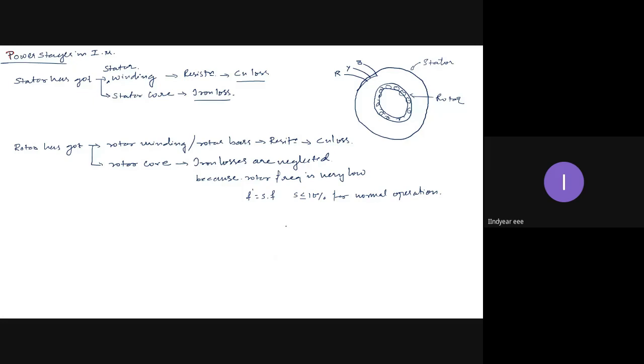Okay. So what are the different losses present here? Till now, when the stator receives the supply, stator supply will satisfy the stator copper loss, okay, and stator iron loss. After satisfying stator copper loss and stator iron loss, it will send the remaining power to the rotor. Now, when the remaining power is available at the rotor, it will consume some amount of power in the form of rotor copper loss, rotor iron losses are neglected.